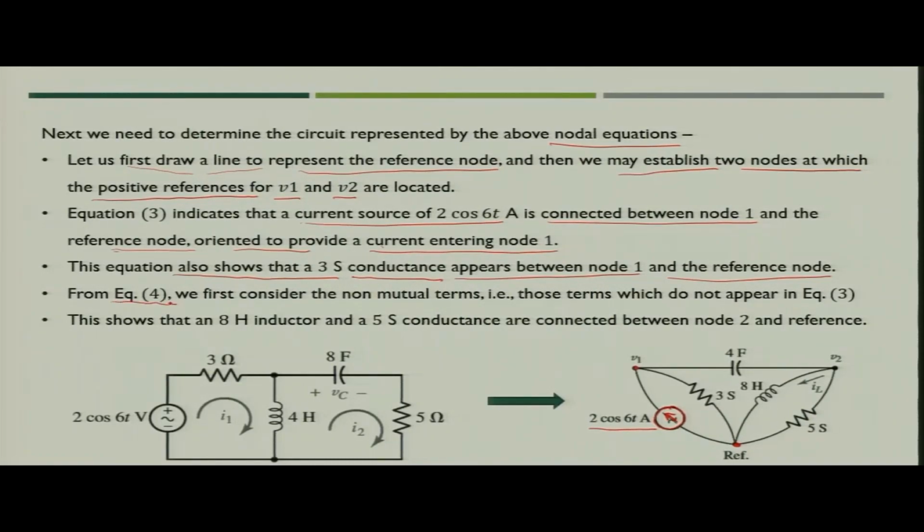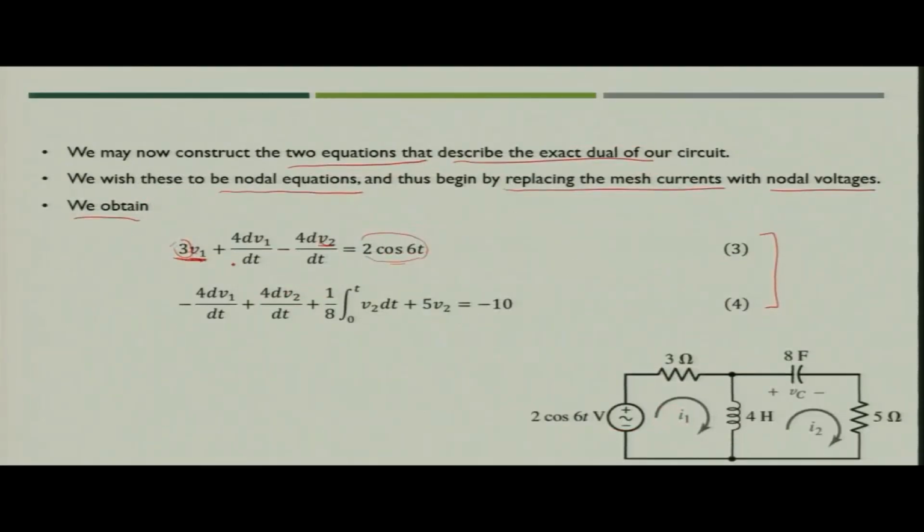Now, let us come to equation 4. We will discuss these two terms later because they are the same and both define something common to both of the nodes. First, let us concentrate on those terms which are not common to both of the nodes.